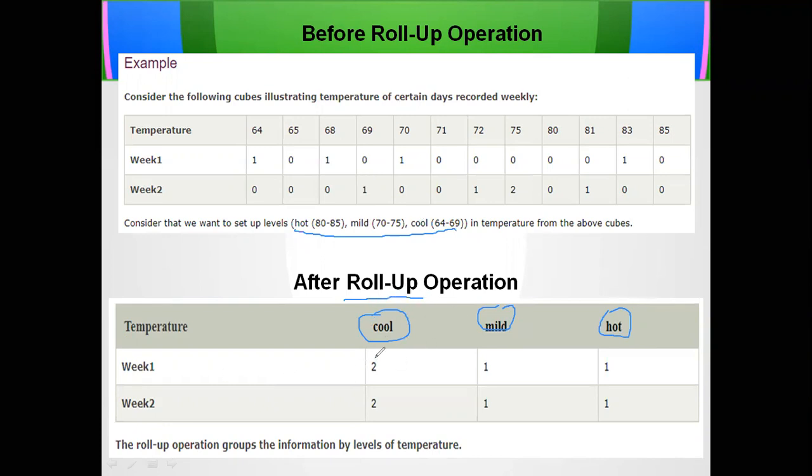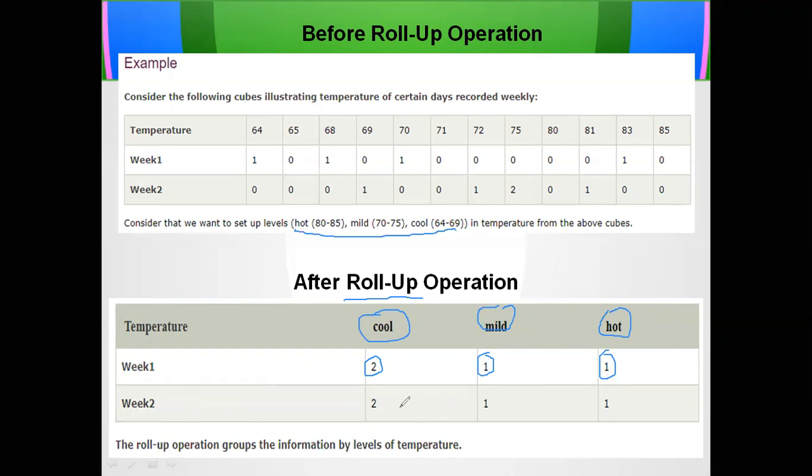So these values are the summary of this cool range, right? In week one, two times my temperature was cool, one time it was mild, and one time it was hot, right? So in total how many entries are there? Four entries. Out of four, two are cool, one is mild, one is hot.